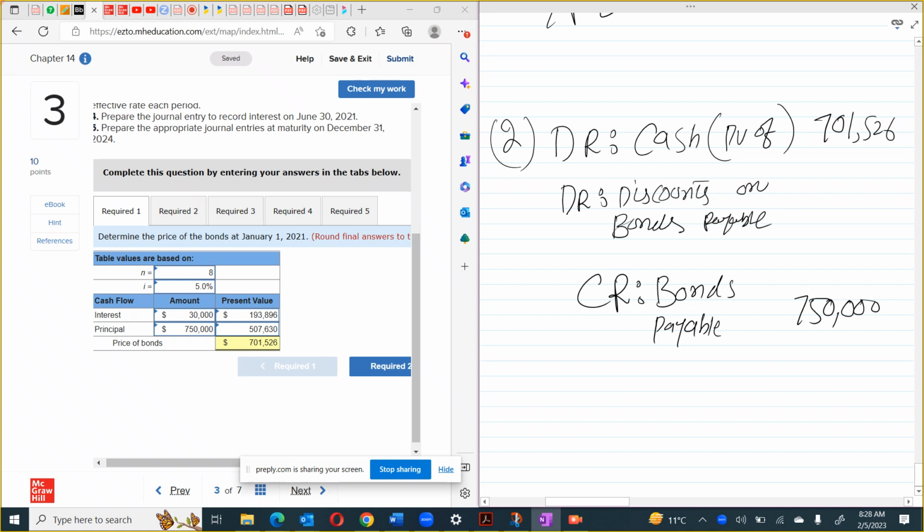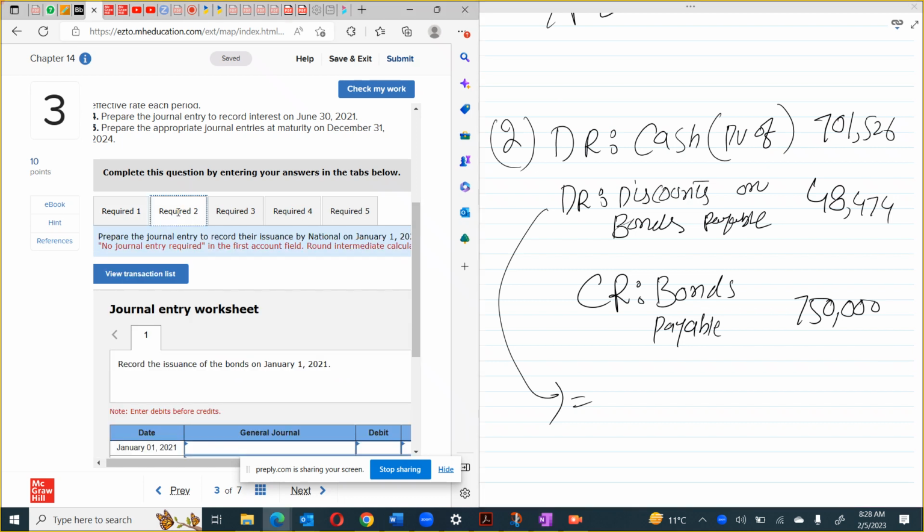How will you calculate the discounts on bonds payable? Take the difference; we have to deduct the two from each other. It is 48,474.